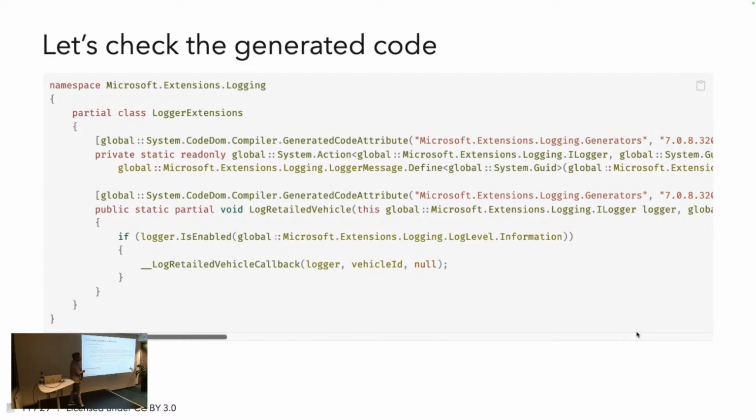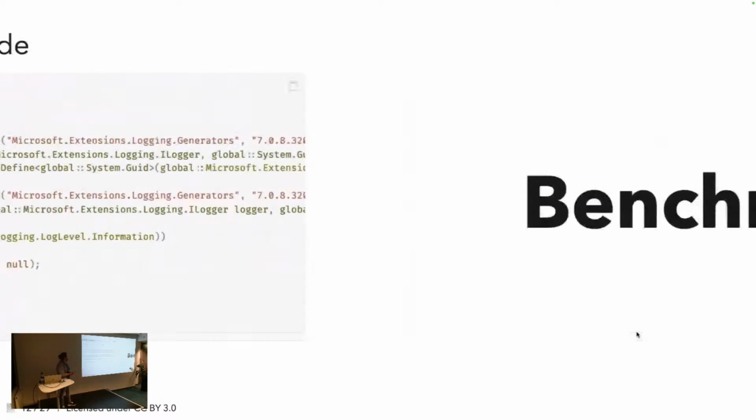It adds one additional check that wasn't there previously, which is logger.IsEnabled, and it checks for the log level. I skipped it in the previous one because the previous one is mostly from the Microsoft documentation. But this is a further performance improvement, because if the logger is not activated for your log level, then why call it? So we can skip that, which even saves a couple more nanoseconds, milliseconds, whatever.